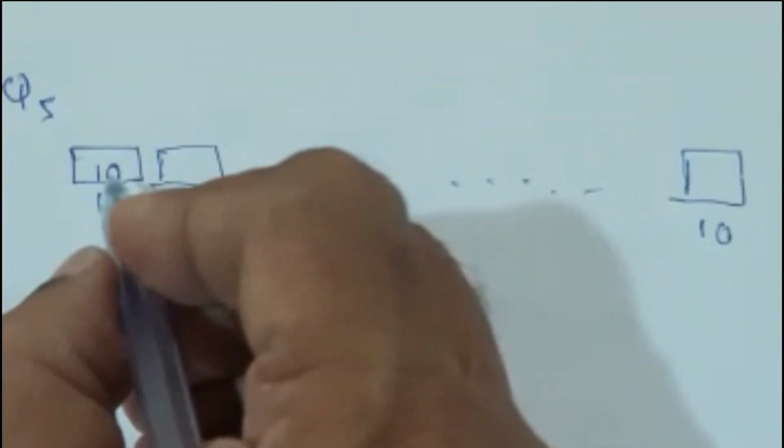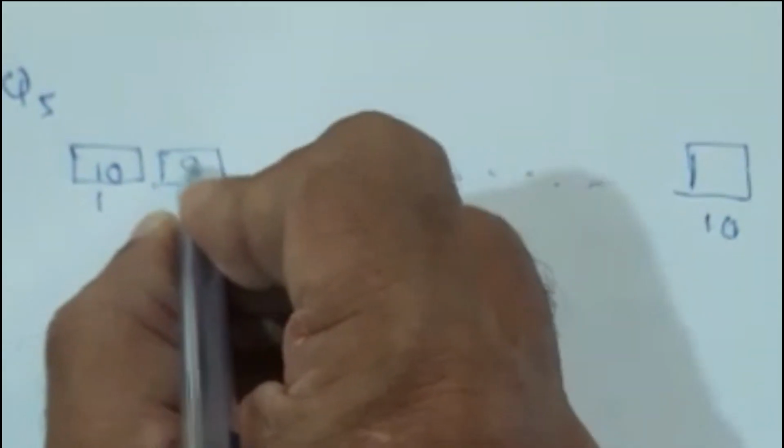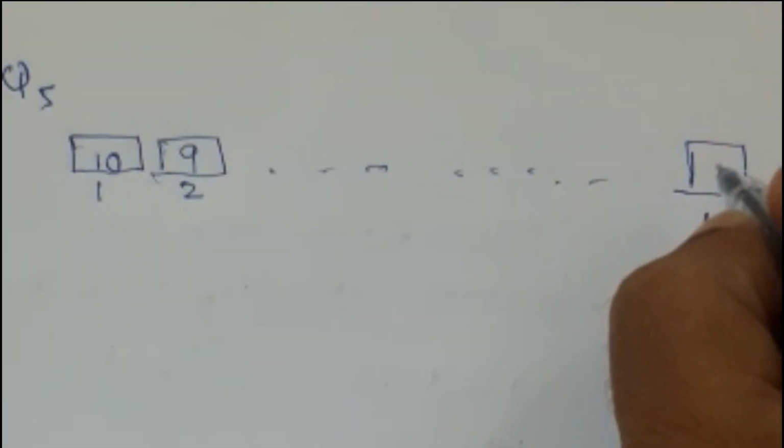Once you have used one student here, the remaining 9 students are there. Therefore, for the second place, 9 possibilities are there. So on, we can move on until the last one.